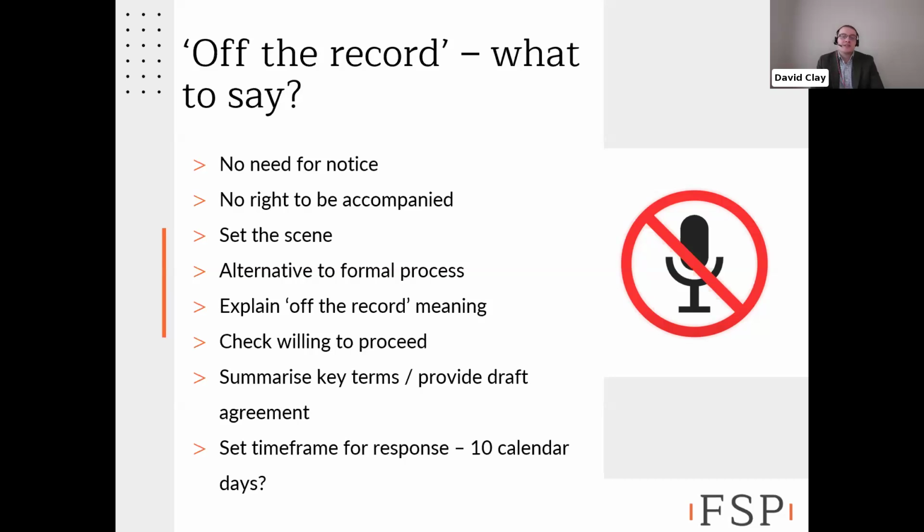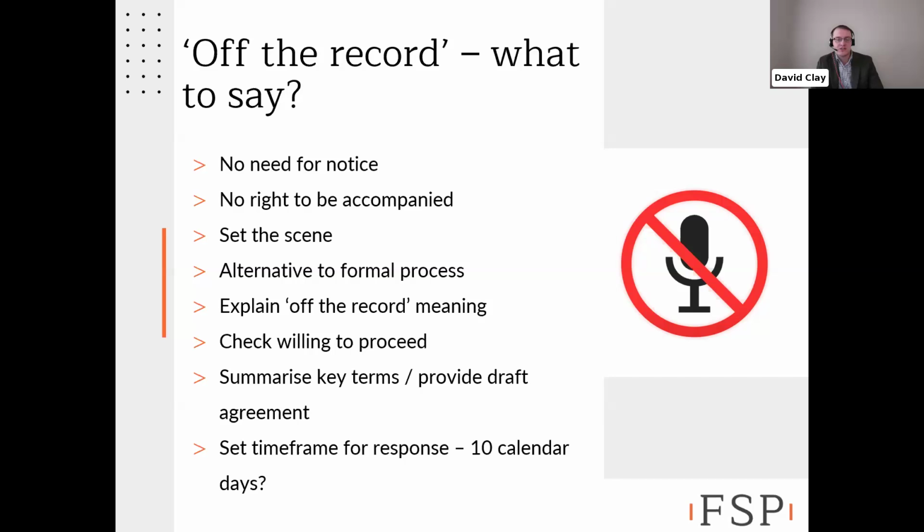But I wouldn't be misleading in terms of setting up those meetings. So if you are inviting somebody to a discussion, you can just describe it as a catch up or a discussion. You don't want to be setting it up as something that it's not. At the outset of the meeting, you're going to want to set the scene. So summarize the situation that has brought you here.